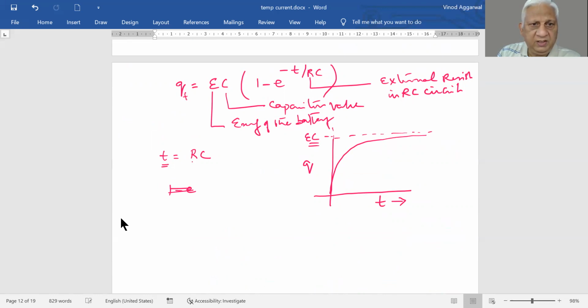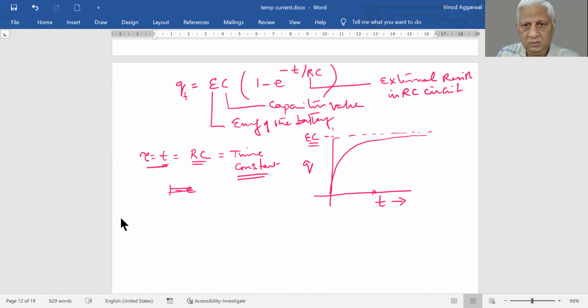When T is RC, this T is called the time constant, which is also called tau.